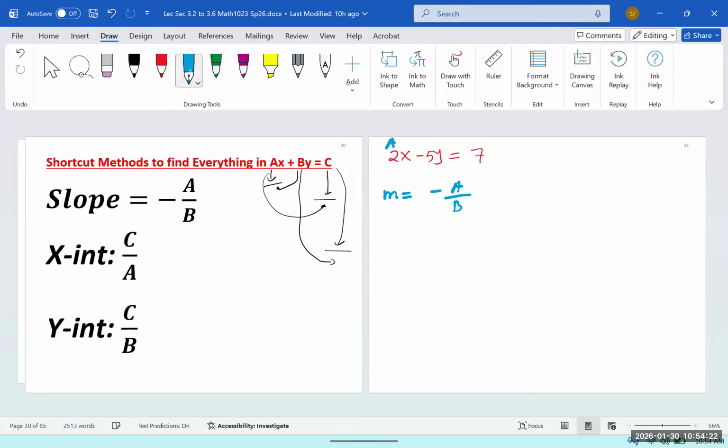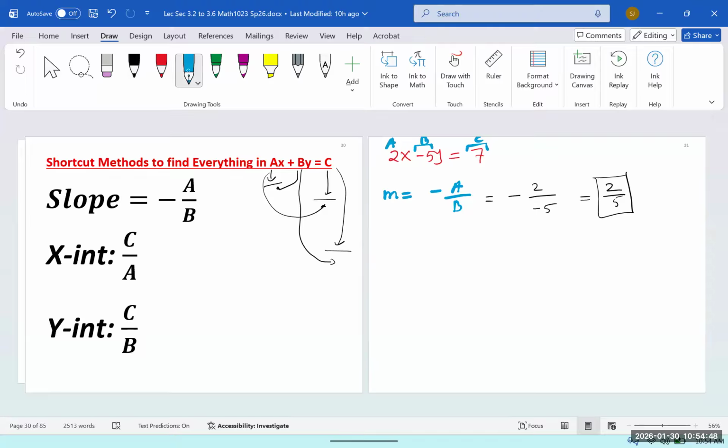So this is our a, this is our b, and the number is our c. Negative a over b means negative, a is 2 and b is -5. So you cancel the double negative, you get 2 over 5. This is the slope.